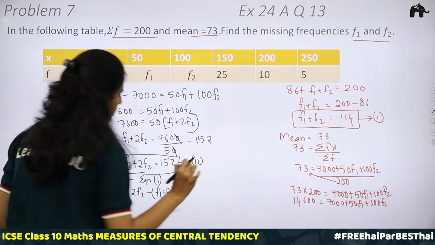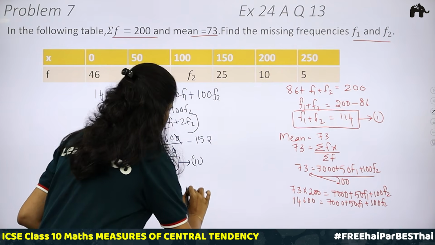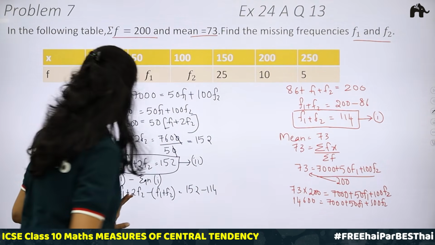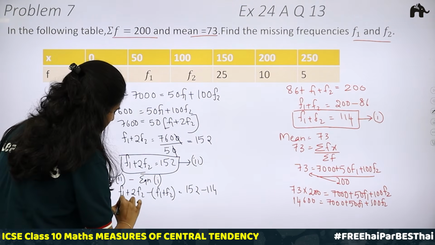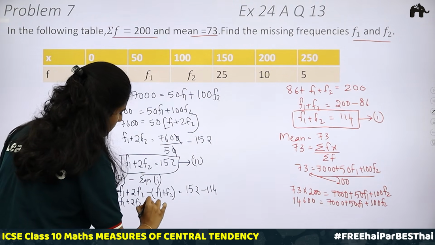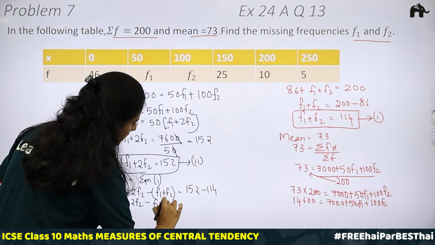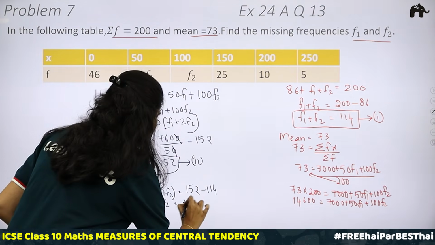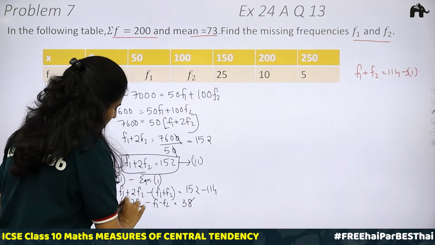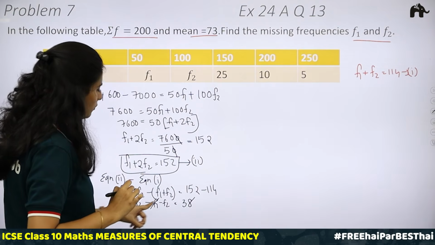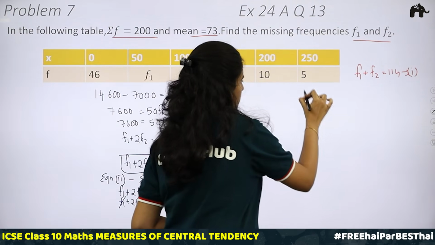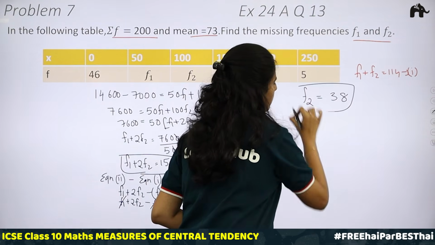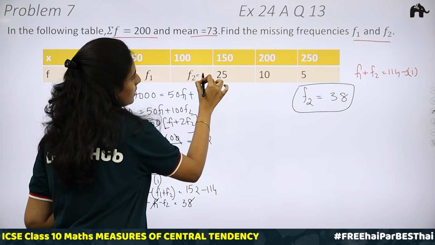Right hand side, here we have 152 and here we have 114. f1 plus 2 f2 minus f1 minus f2 is equal to 152 minus 114. You will be getting 38. Therefore, we can cancel f1 and minus f1. 2 f2 minus f2 will be equal to f2. f2 is equal to 38. So, we got the value of f2.